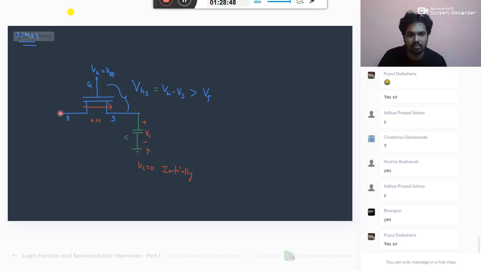Now here I apply my input equal to 1. What is the meaning of 1? Assume VDD. I applied 1. Now what happens? This 1 should transfer here. That is our aim. Okay.